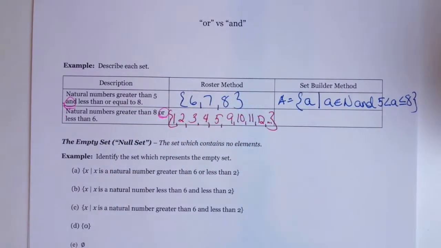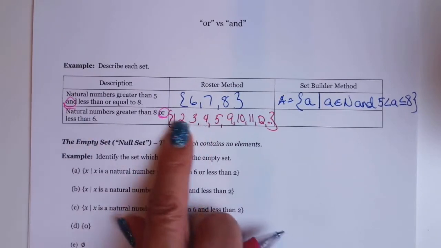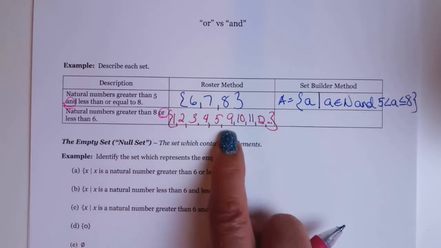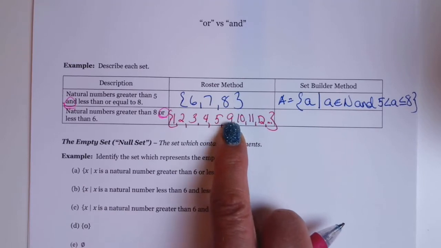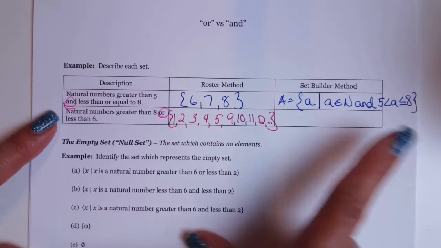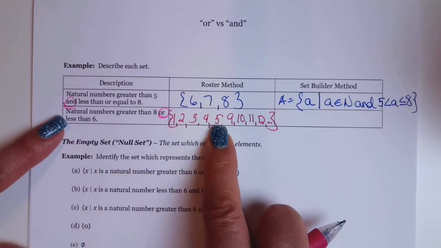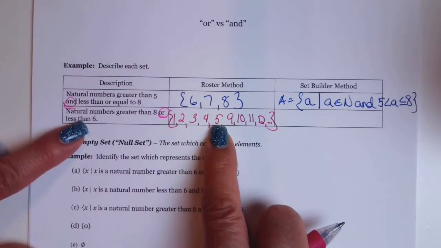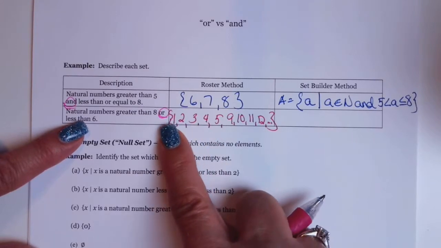Again, natural numbers are counting numbers. Greater than 8, 8 is not included, so we start with 9 and move forward, and it will keep going. Less than 6, so 6 is not included. 5 is the largest one: 5, 4, 3, 2, 1.